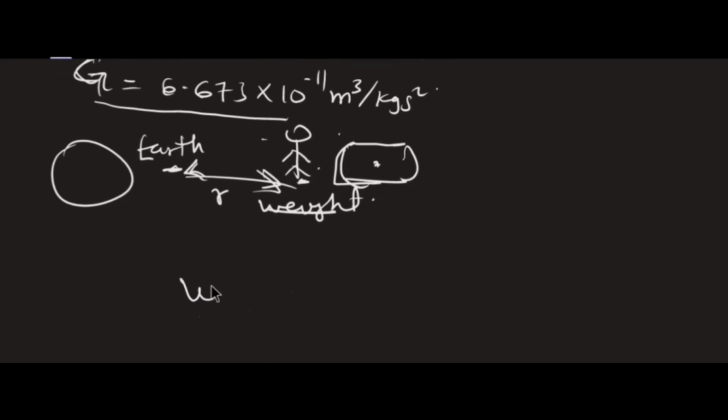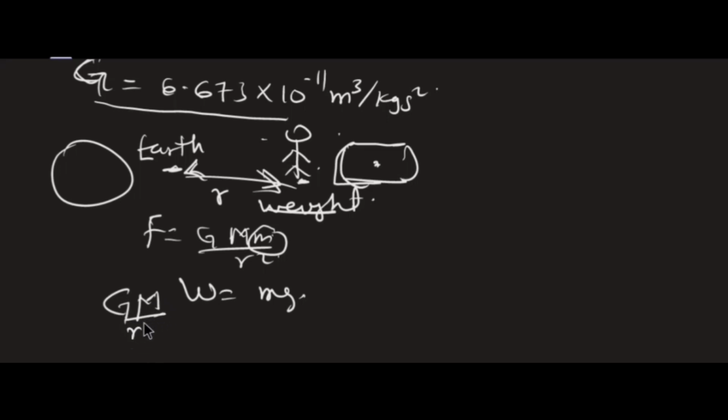So weight is equal to what? Mg. Now it's from Newton's law of gravitation. As we know, F is equal to G m1 m2 over r squared. If I take one m as your mass, and I take the other M as the mass of the earth, I can multiply the G by the mass of the earth, which is known, over the r squared, and this becomes what we call the acceleration due to gravity.